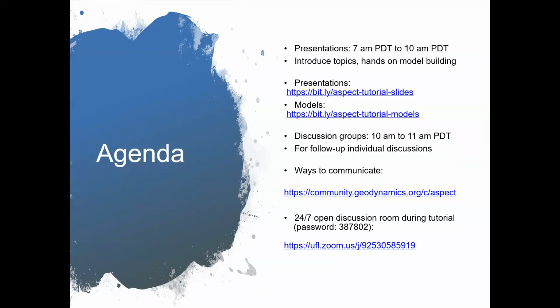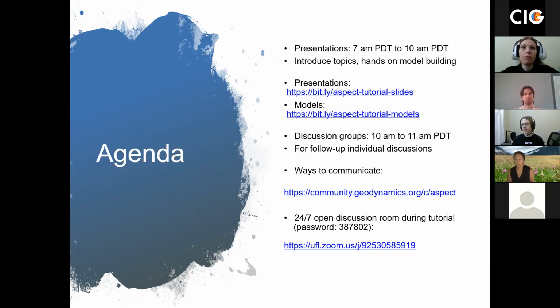The agenda for these meetings will be more or less like this every day. So we will have presentations between 7 a.m. and 10 a.m. in Pacific time, which you will have to translate to your local time. Each day will introduce a different topic and will usually involve building some model, running the model on your local machine, and then discussing the properties of that model and maybe modifying the model.